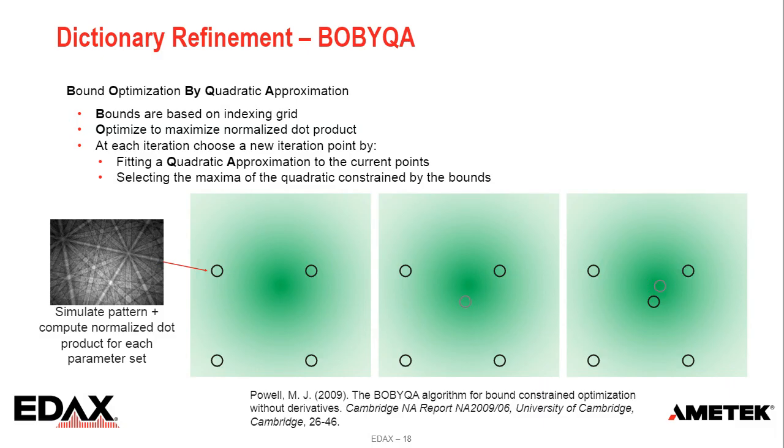So at this new point, simulate a pattern, do the dot product, and get the metric, which is hopefully better than all of the points you have so far. And then you just iteratively do that until some convergence criterion, which is normally something like a fixed number of iterations, or a small step between two iterations, or something like that.